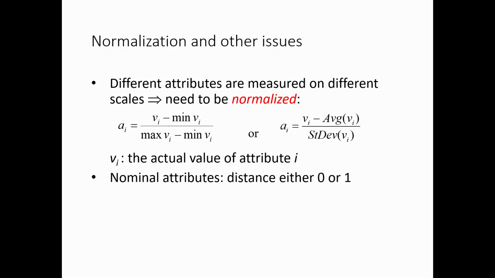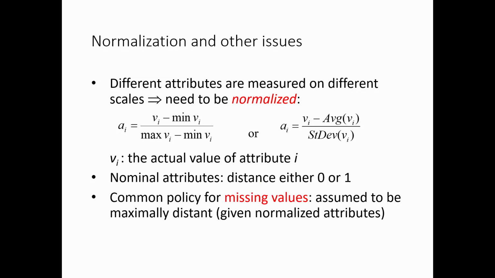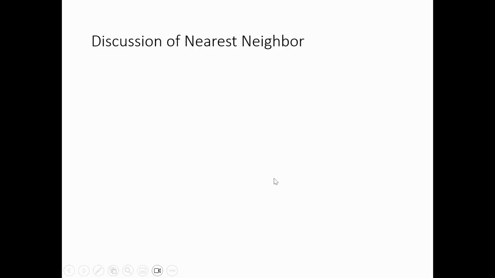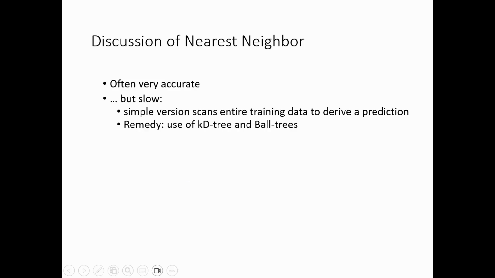Same goes with subtracting the average value and dividing by the standard deviation. If you have a categorical value, we can take the distance as either 0 or 1. If you have missing values, you can say that the difference is maximum. Nearest neighbor algorithms are often very accurate and used in many comparative studies.